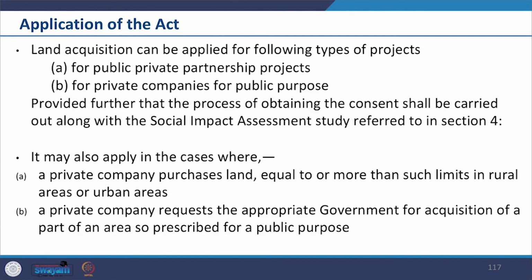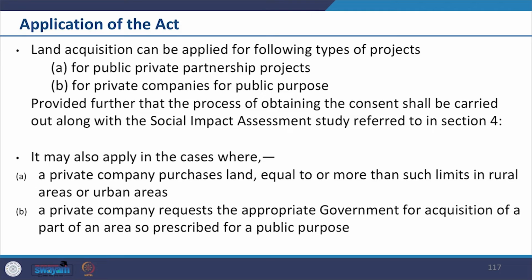Moving on, further we see that land acquisition can be applied to the following types of projects. One, it can be applied for public-private partnership kind of projects. Further, it can be applied for private companies for public purpose, provided that the process of obtaining the consent shall be carried out along with the social impact assessment.